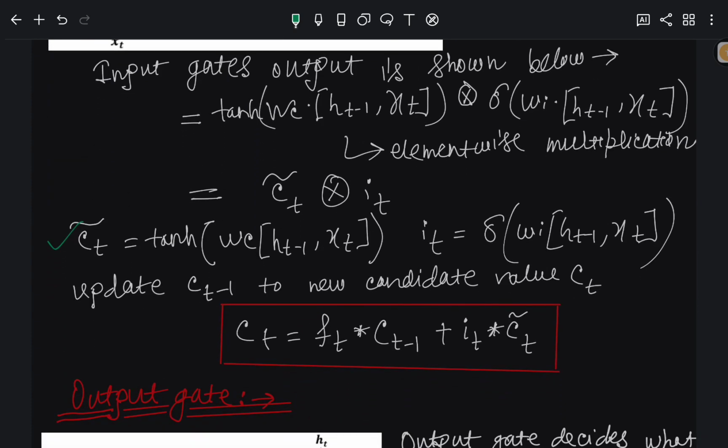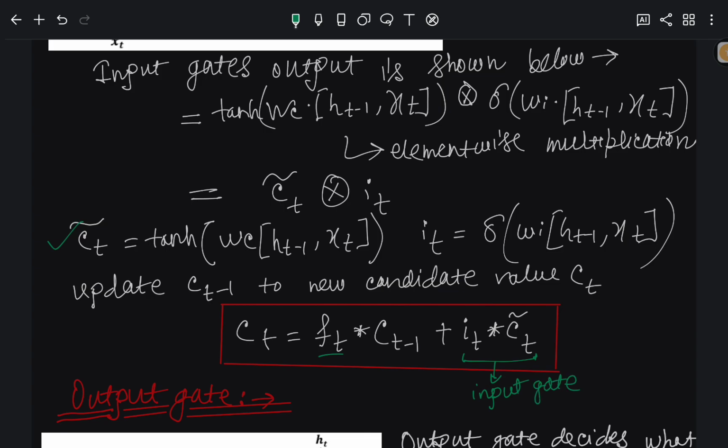So if you see, we will update CT minus 1 to the new candidate cell state value, which is CT. So FT will be multiplied element wise with CT minus 1, which is the operation during the forget gate, and this is the input which is coming from the input gate, right? And we finally get the updated value of CT, right?